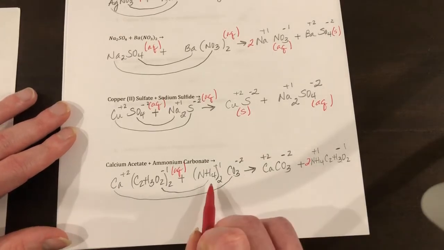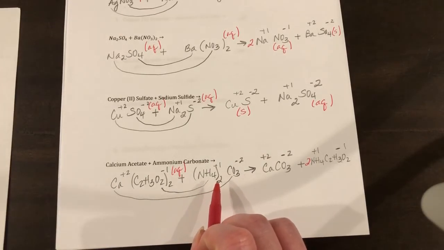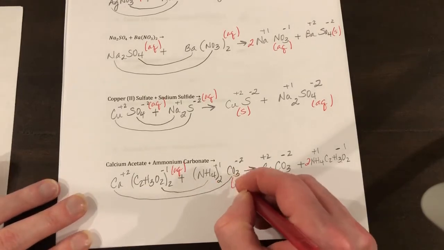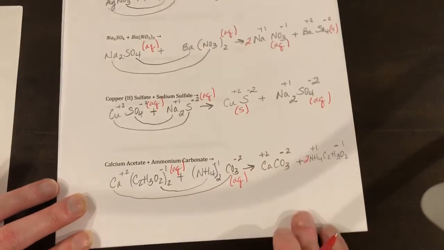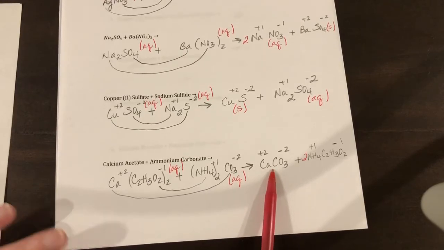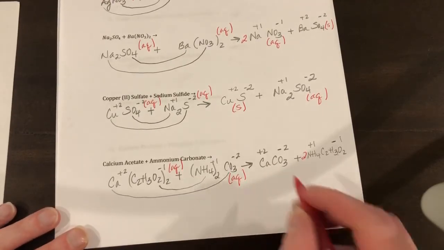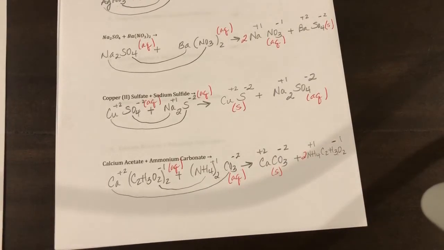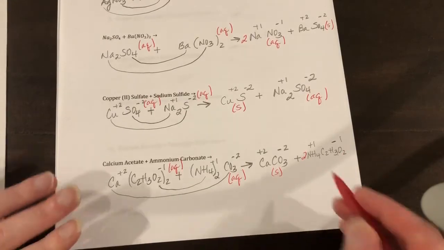So NH4 falls into an exception, so it's soluble. Calcium is in group 2, so it's insoluble. And then all compounds containing acetate are soluble, so write aq.